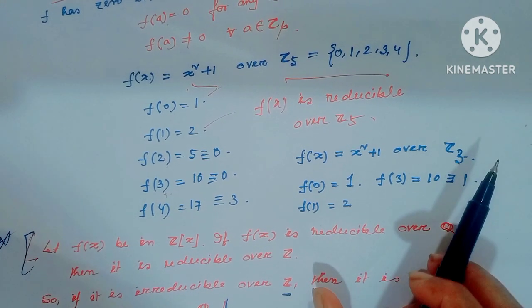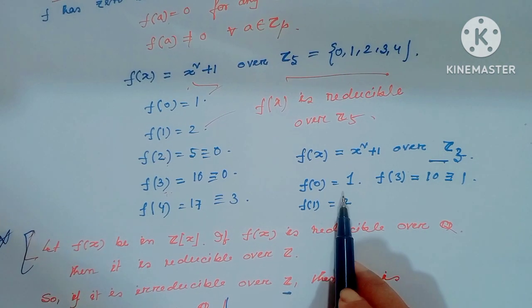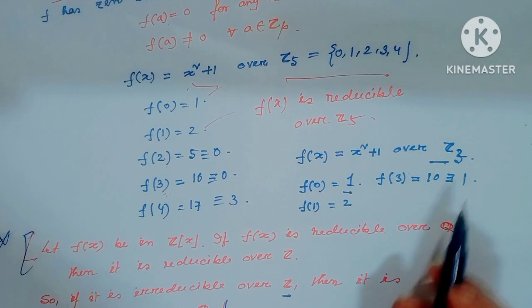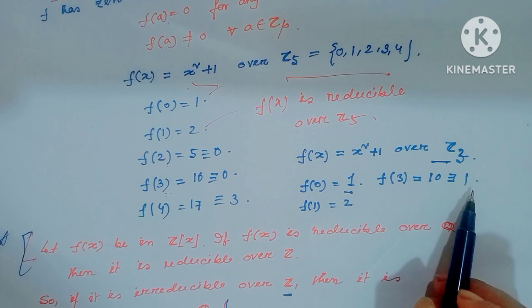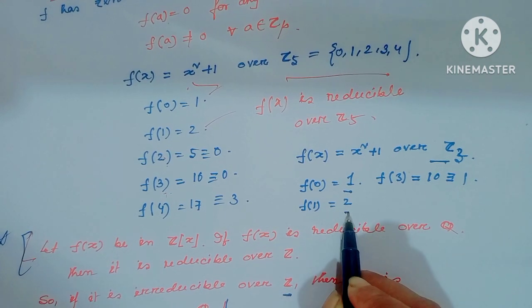Consider the same polynomial over the field Z3. Then f(0) = 1, f(3) = 10, and mod 3 this value is equal to 1, and f(1) = 2.